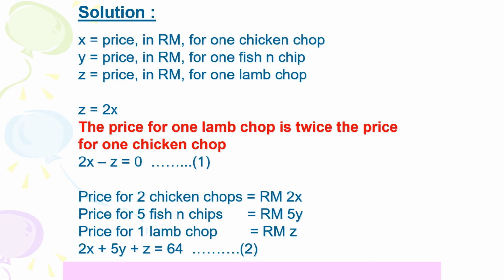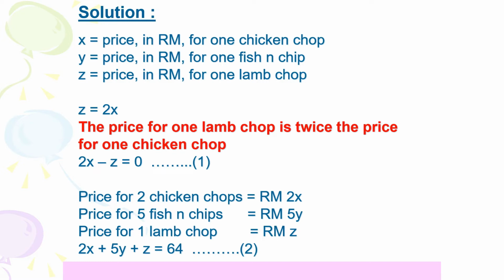In this question, it asks you to form linear equations. First, you have to determine the variables involved, which are x, y, and z. 1 chicken chop is x, 1 fish and chips is y, and 1 lamb chop is z, all in price. It is stated that the price for 1 lamb chop is twice the price for 1 chicken chop.